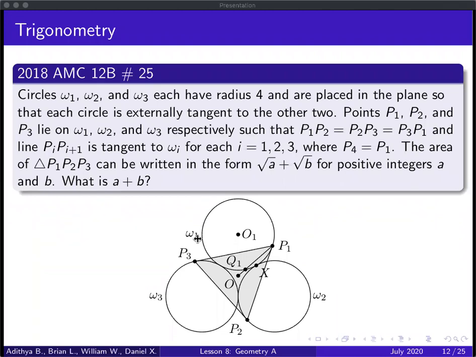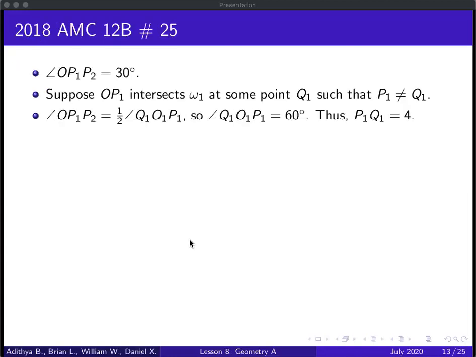So that means that we can use the inscribed angles theorem and say that the arc that's subtended by that angle is actually half of the central angle, which is P1, O1, Q1 in this case. So that means that Q1, O1, P1 has to be twice OP1, P2, which means that it's a 60-degree angle.